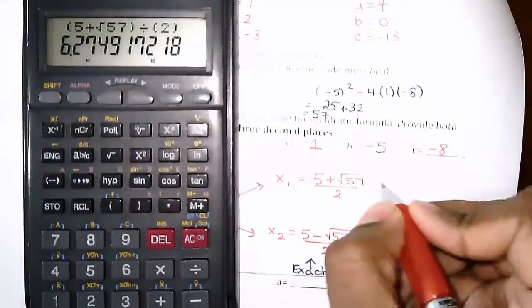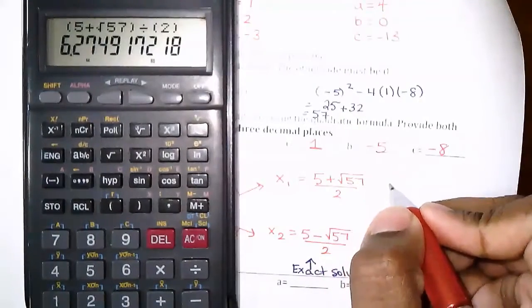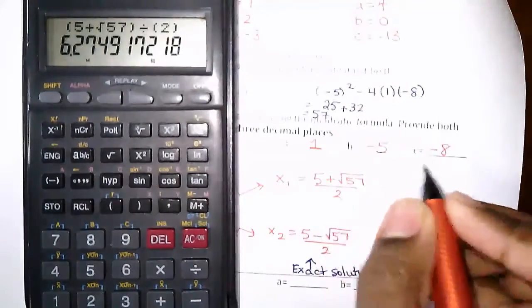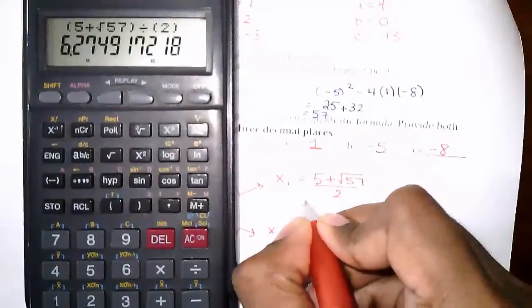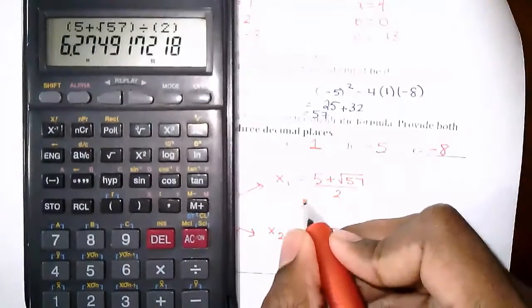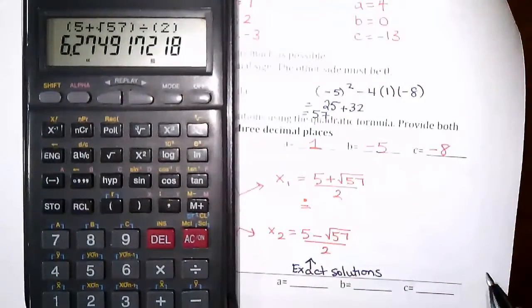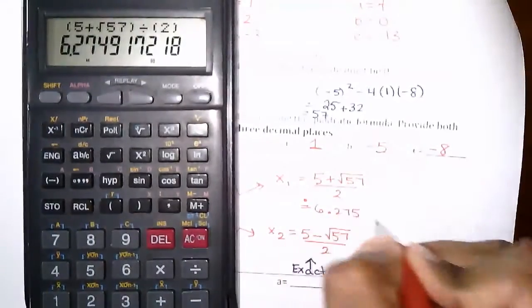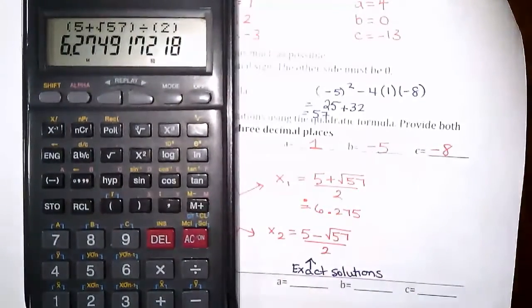And the question said to round it to 3 decimal places. So we're going to say this is the same thing as about. When you put a dot on top, it means about or approximately 6.275. The 4 was rounded up because of the 9 beside it.